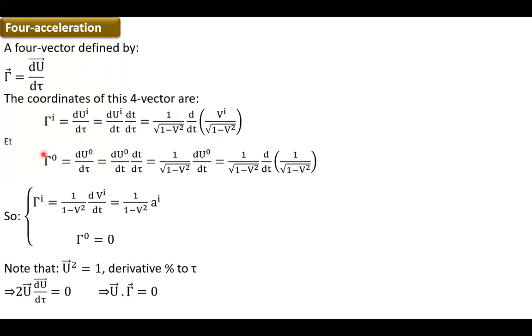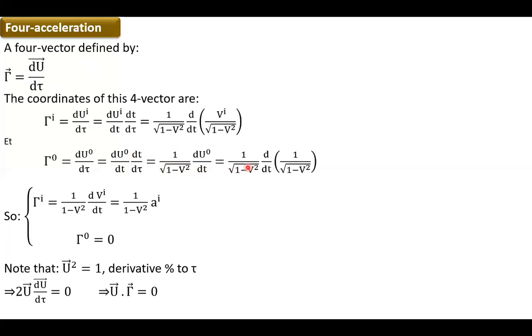And the zeroth coordinate, or the 4th coordinate, which is gamma 0, by definition, it's du0 over d tau. So it's du0 over dt times dt over d tau. And dt over d tau is gamma, 1 over radical times du0 over dt.